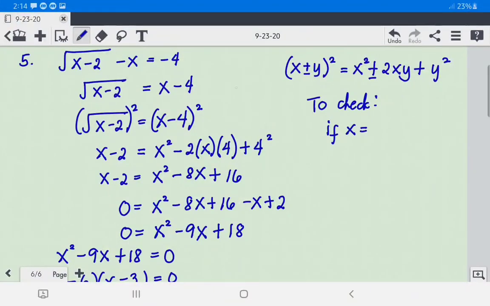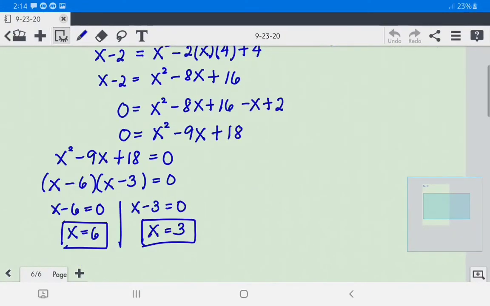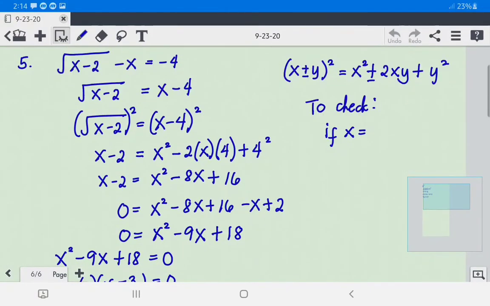If x is equal to 6, using the original equation, we have the square root of x minus 2, minus x equals negative 4.